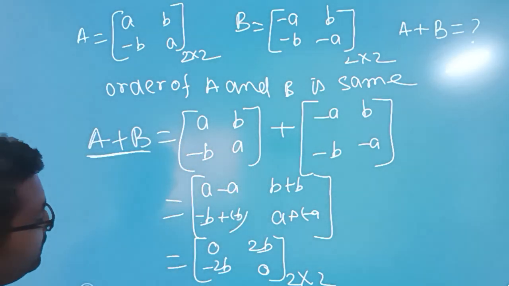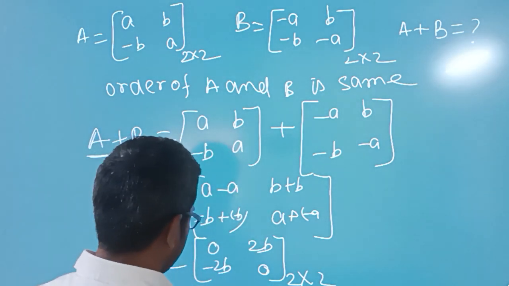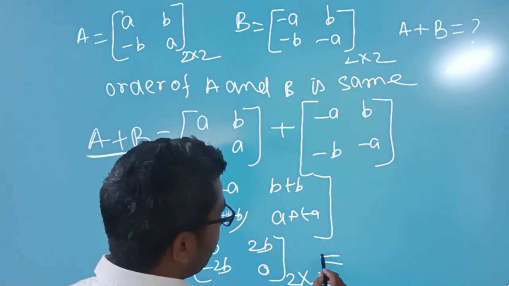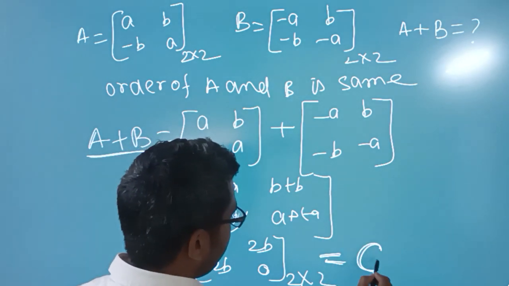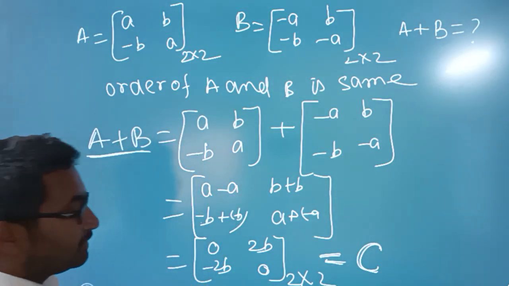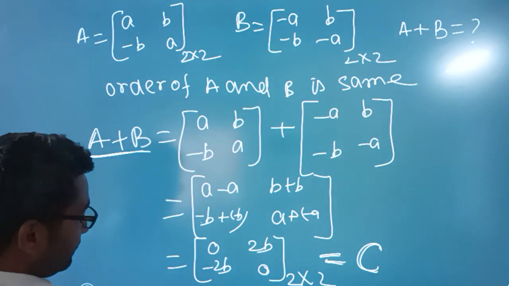The value of A plus B is a 2 cross 2 matrix of the same order. We can call this matrix C.